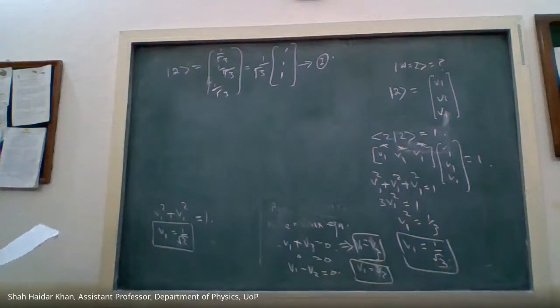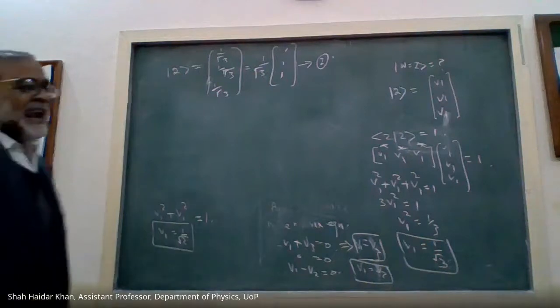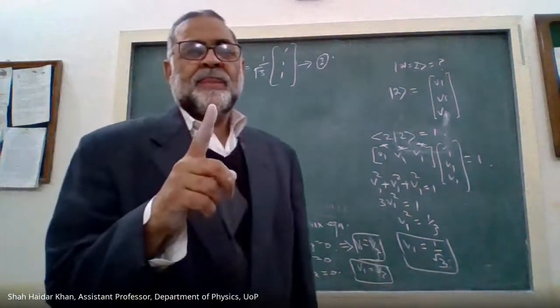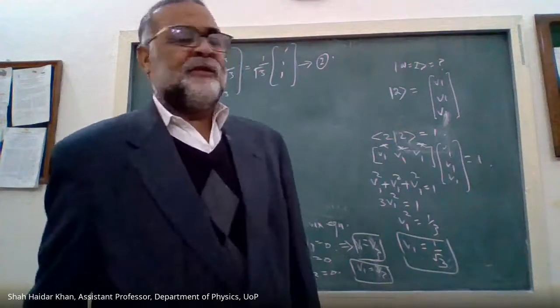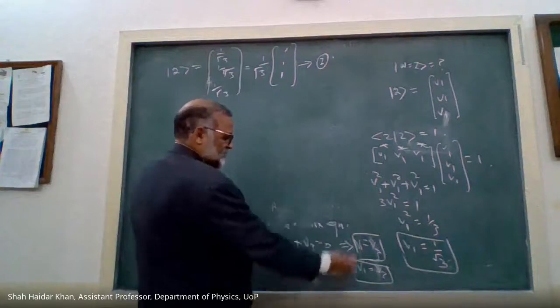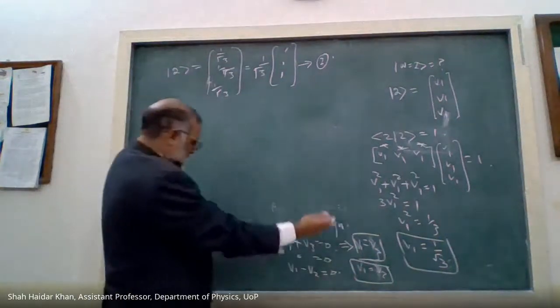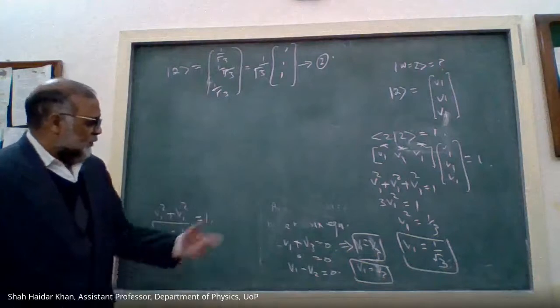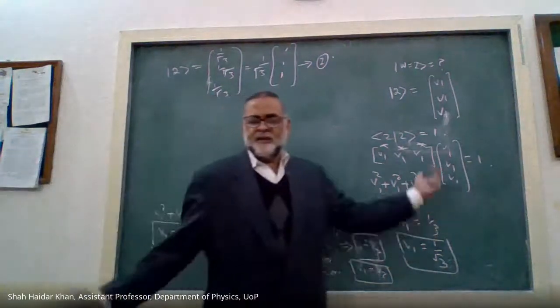Now for the other one, we cannot get anything more from here. That is one. We will have the same thing: omega is equal to 2, we will get the same thing.